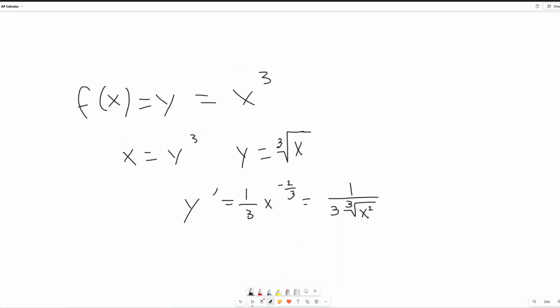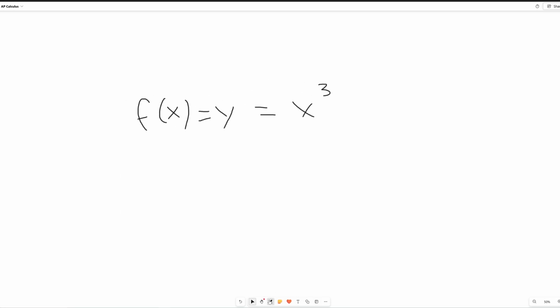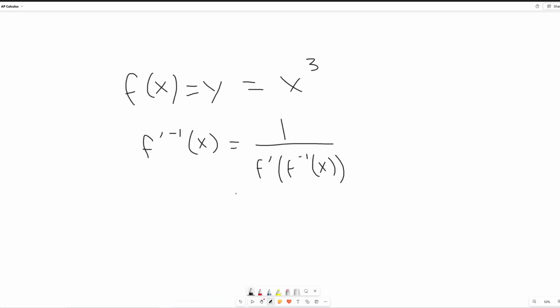However, there is a formula for this. If you have f inverse prime of x, so the derivative of the inverse of x, it is going to be 1 over the derivative of f at the inverse of x, the reciprocal, essentially.